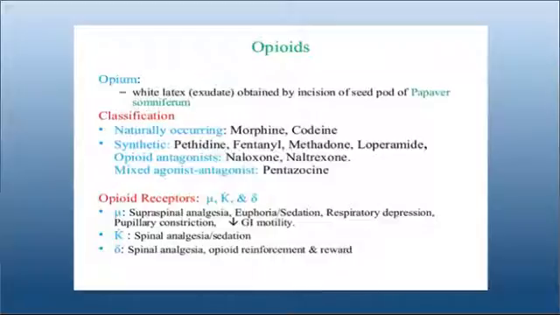Your codeine can be sub-Q, IM, or given by mouth. Most of these can be given in many ways, and if you'll notice, they are category C and often category D in pregnancy for all of them. Your codeine, hydrocodone, and hydromorphone can all be given in conjunction with acetaminophen.